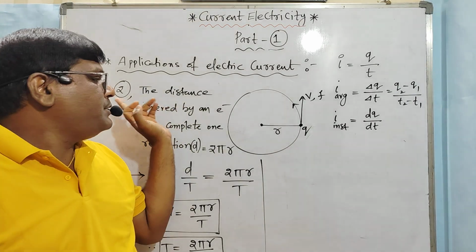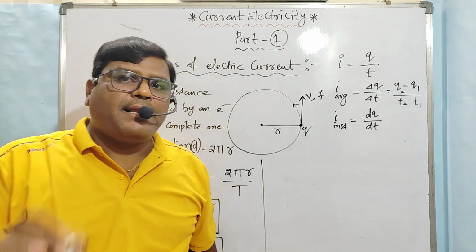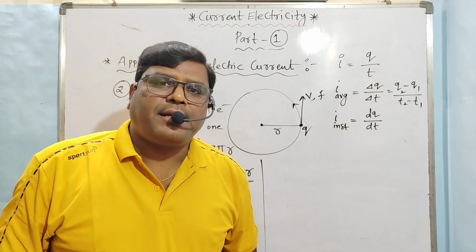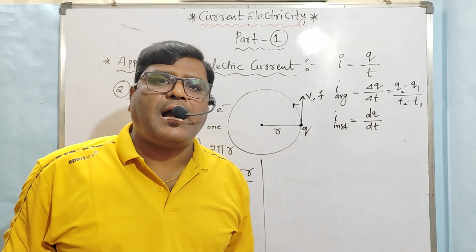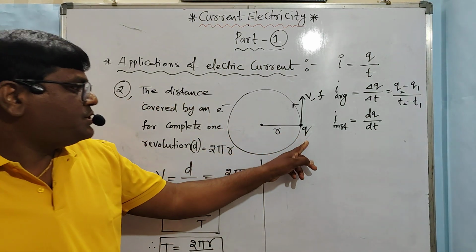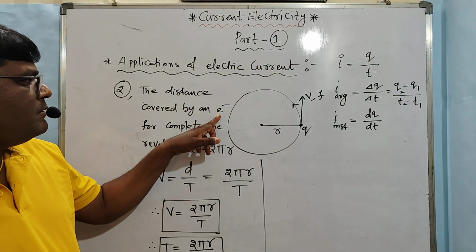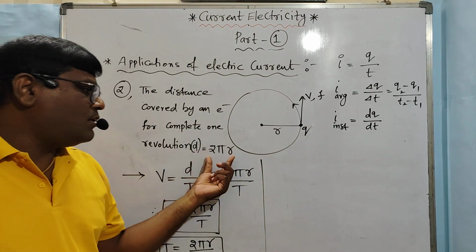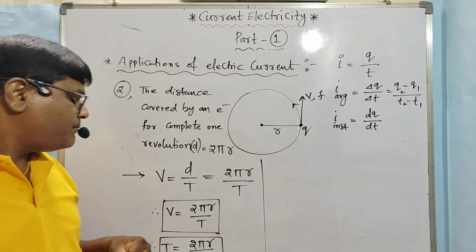What is point 2 here? Application number 2. When an electron or a charge is revolving in a circular path of radius r with speed v and frequency f, then the distance traveled by this charge or electron for one complete revolution is 2 pi r only.